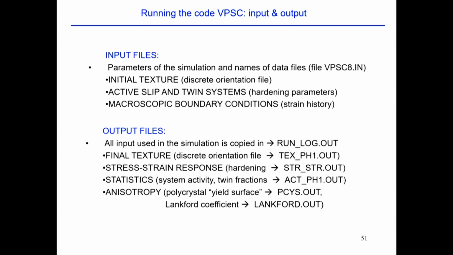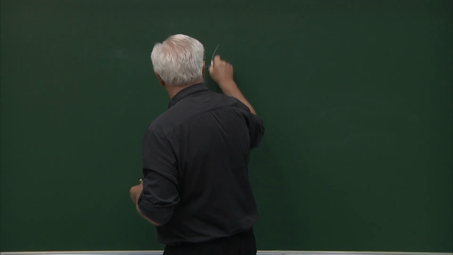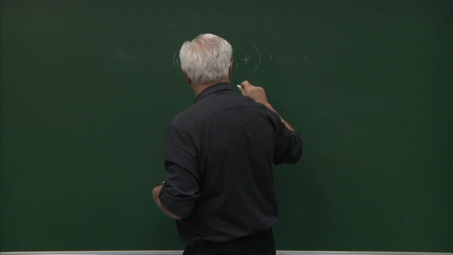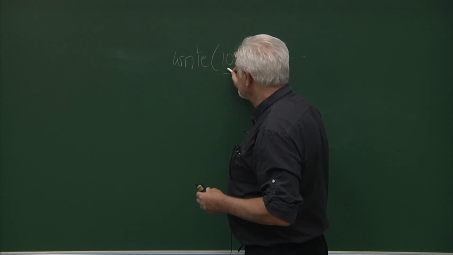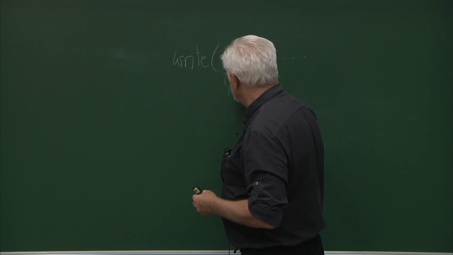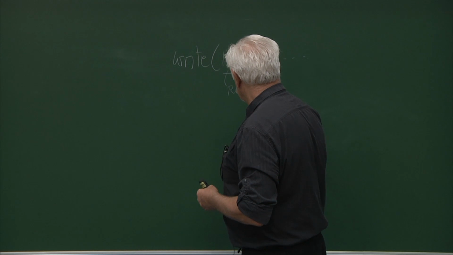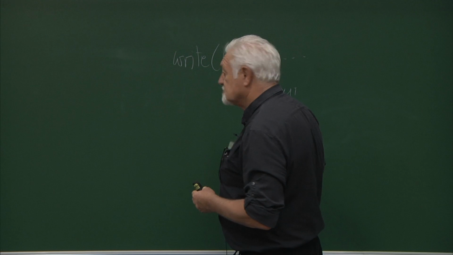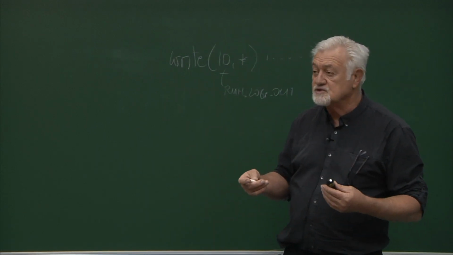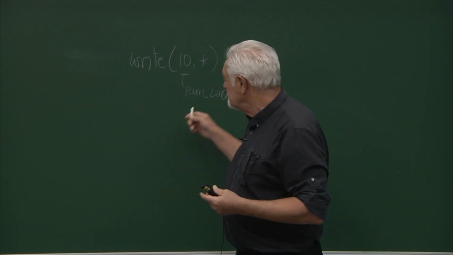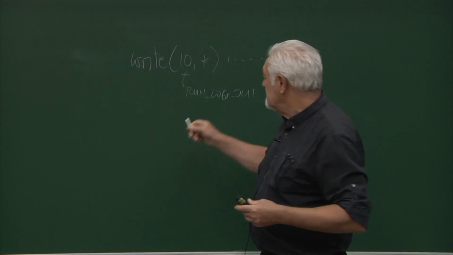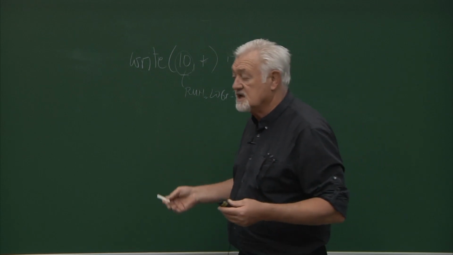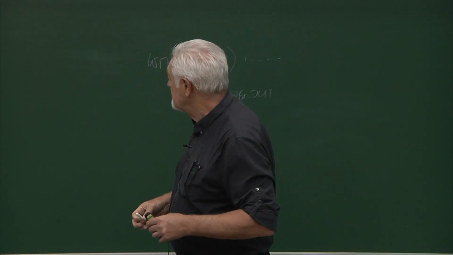If you use the command write 10, where 10 is the unit runlog.out, then when you are testing your code and want to see what is happening in a particular grain, you can write information about that grain to that unit and check it there. So it's another option that you have.